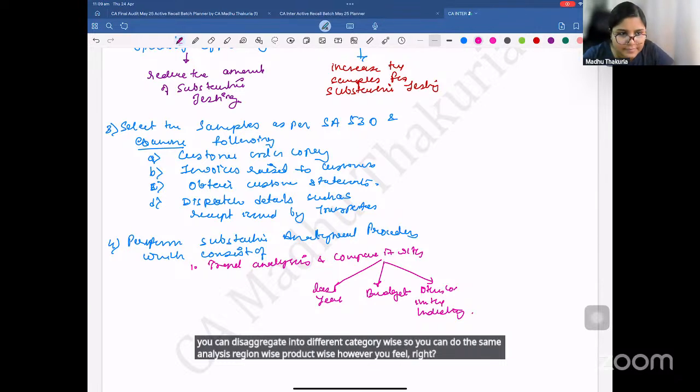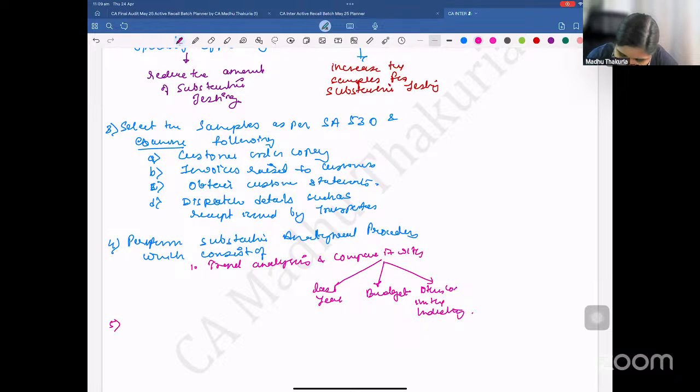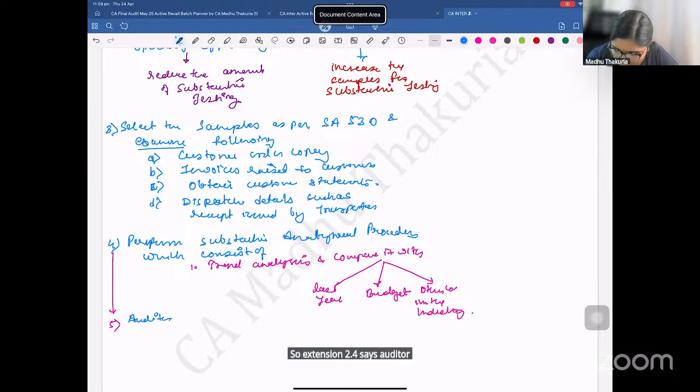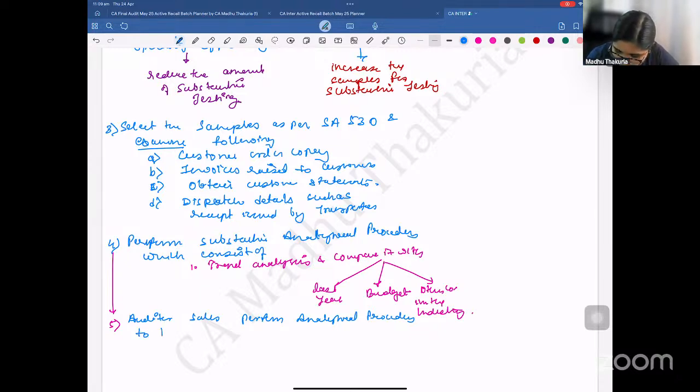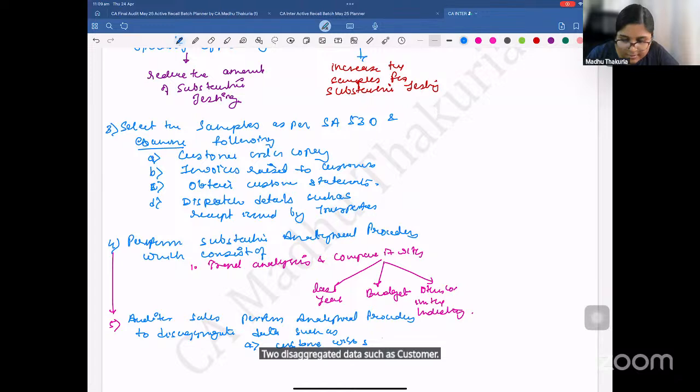So the extension to point 4 says the auditor shall perform analytical procedures on disaggregated data such as customer wise sales, region wise sales, or product wise sales.